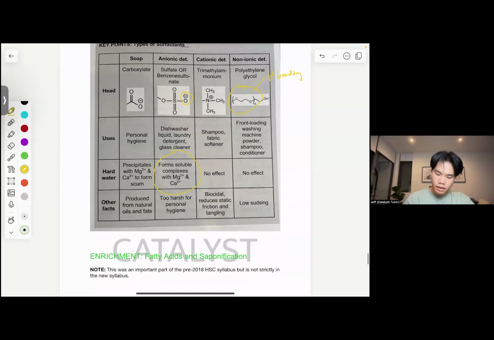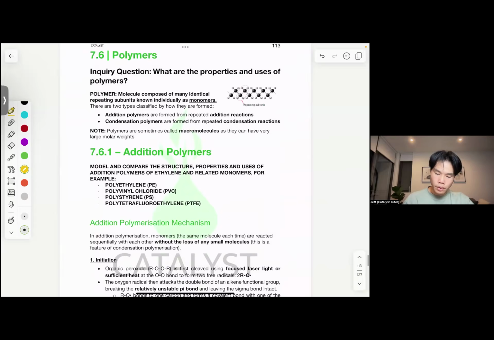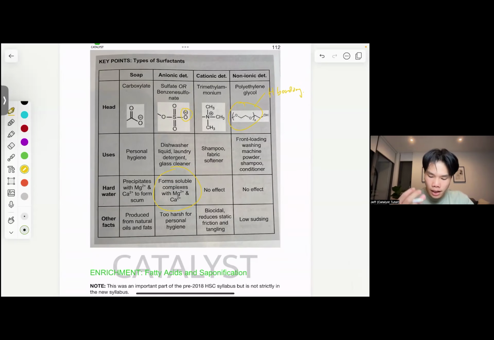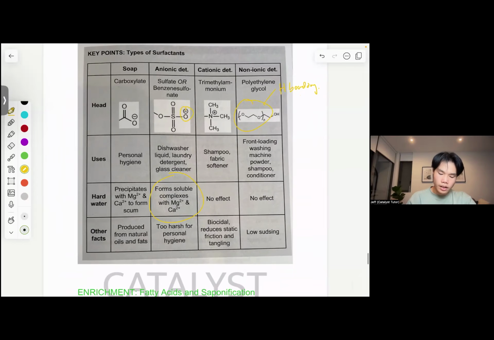Okay, and obviously you can talk a lot more on the uses of soaps, anionic detergents, and cationic and non-ionic detergents, but just to summarize them: for soap, personal hygiene; anionic detergent, for more heavy duty purposes, dishwashing liquid, laundry detergent, glass cleaner.